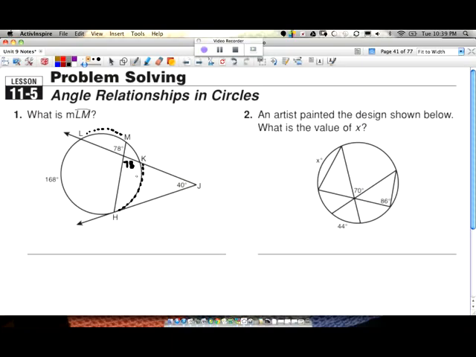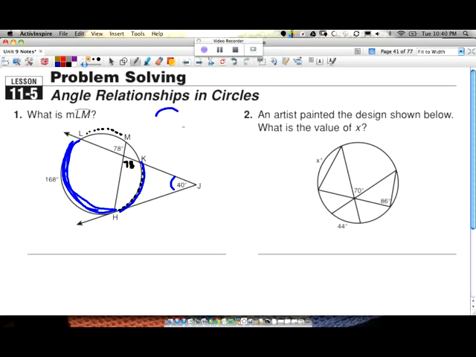And if I knew this arc KH, I could use the 78 to figure out what LM was with the KH. Because that's 2 out of 3 pieces in the relationship. But I am not even there yet. So let's take a step back. I want to just figure out KH first by looking at KH, LH, and this 40 degrees. So I'm going to look at that little trio.